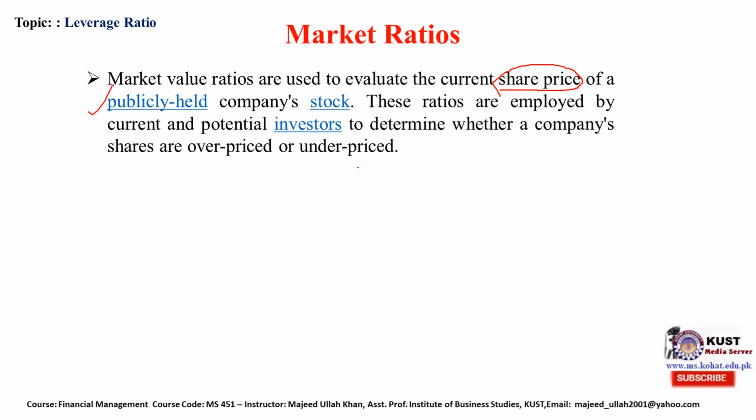Secondly, these ratios are used by current investors, those people who have already invested in these stocks, and those investors who will potentially invest in the stock of the company in the near future.